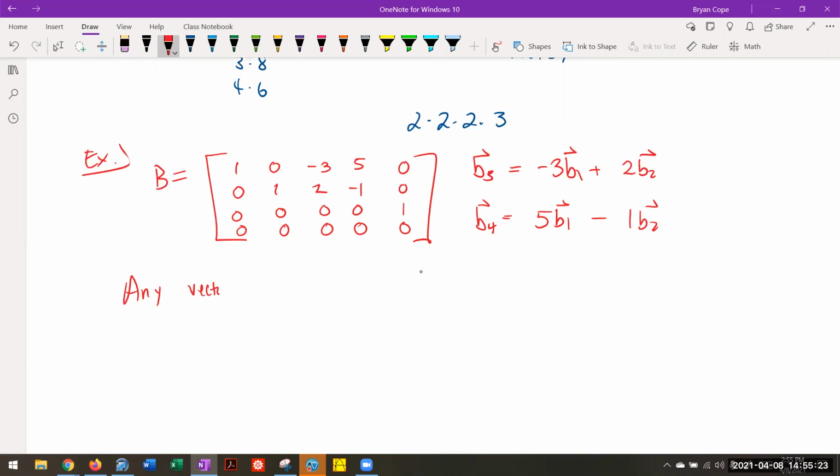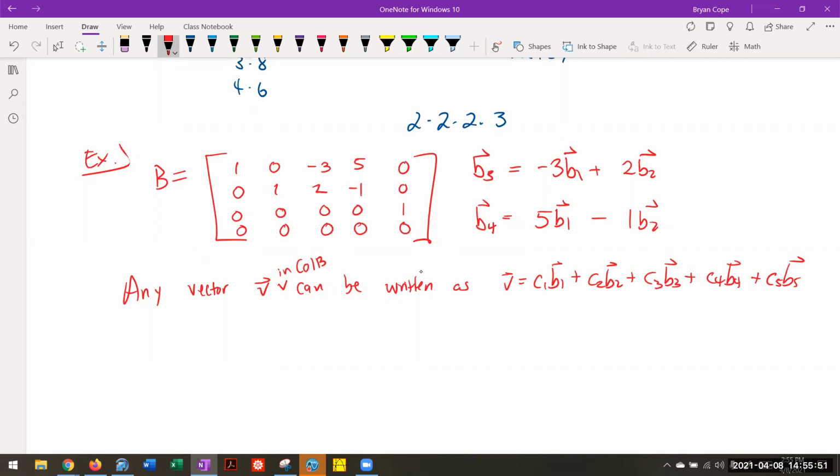So any vector V in col B can be written as V equals C1 B1 plus C2 B2 plus C3 B3 plus C4 B4 plus C5 B5, right? And that's what Hugh just said. Any vector in the column space can be written as a linear combination of the columns of B.